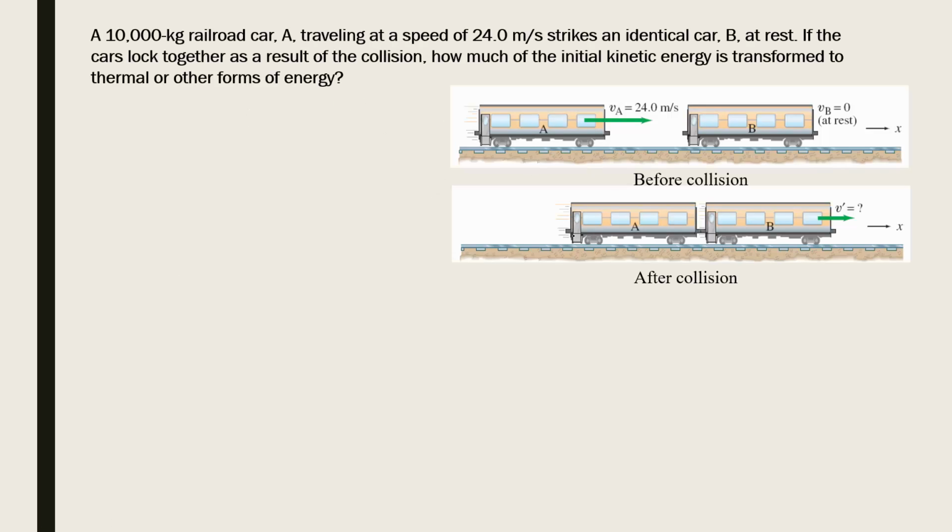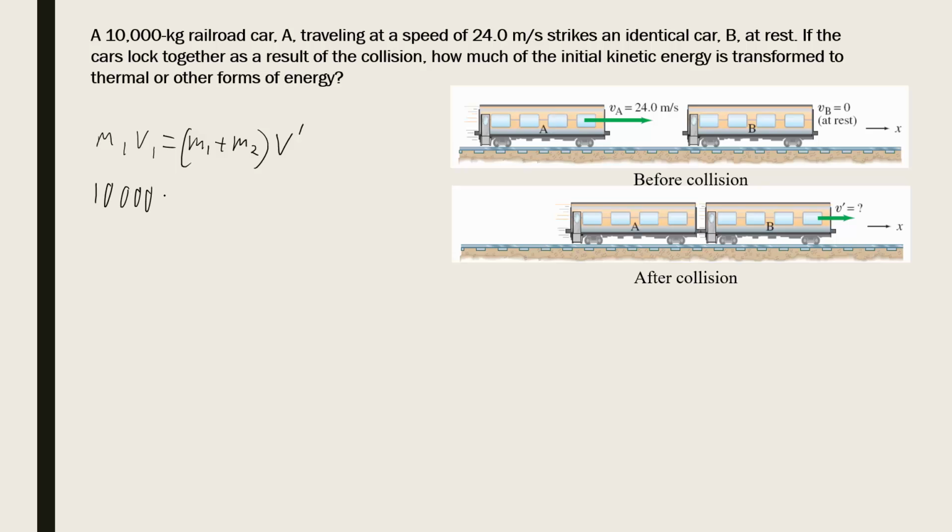You've got a couple of train cars, one initially at rest, the other moving, colliding together, so we're just going to plug into that equation. Since v2, not prime, is 0, our equation just becomes m1v1 equals (m1 plus m2) times v prime, and then we can just plug in our numbers here.